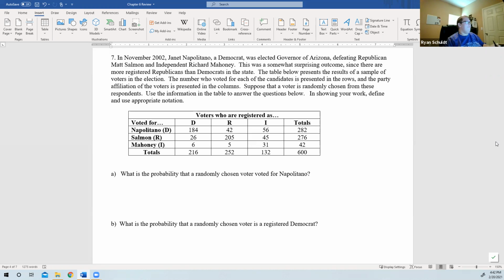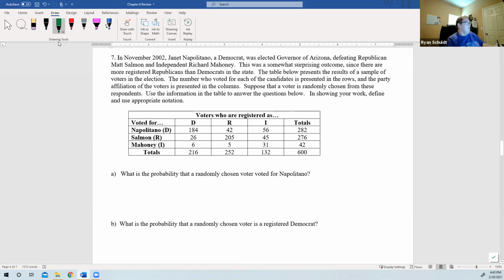This is who they voted for: Napolitano, Solomon, however you want to say it, and Mahoney. Now, Napolitano is a Democrat, Solomon is a Republican, Mahoney is an Independent. I don't want to use those letters for those names. I'm going to use N, S, and M.